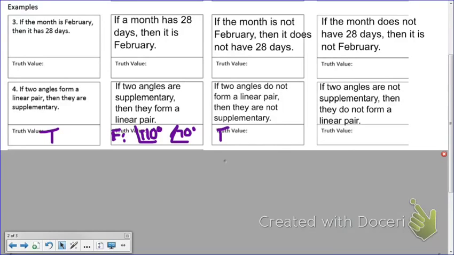So this one is false, and again, you can show two angles that are supplementary, however, that are not a linear pair, for instance, two right angles. And then the last one, your contrapositive both switches and changes them both to not. So if two angles are not supplementary, then they do not form a linear pair. And this is true. In order for them to form a linear pair, they must be supplementary.